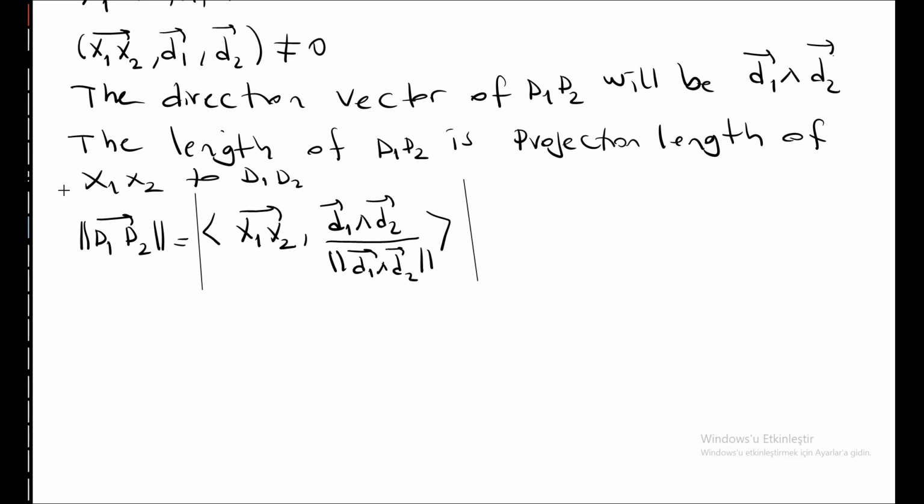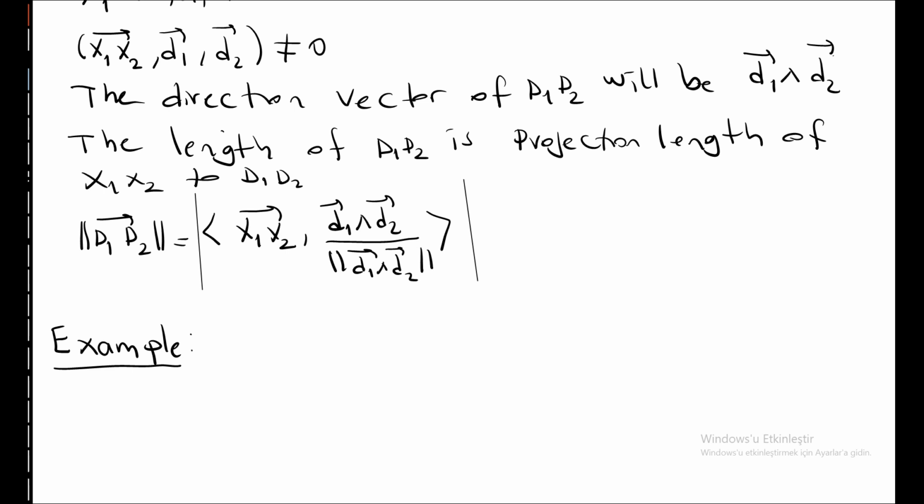Okay, let me give an example for these cases. If they are not skew, if they have an intersection point, what is the distance between these two lines? So if they intersect each other, what is this distance between these two lines? It will be 0, right?